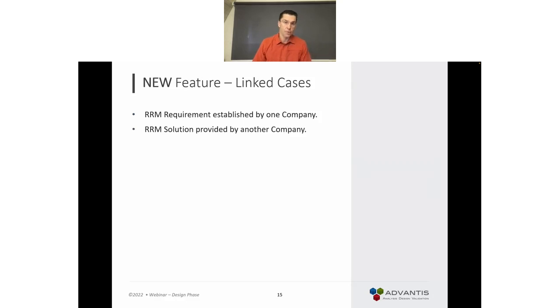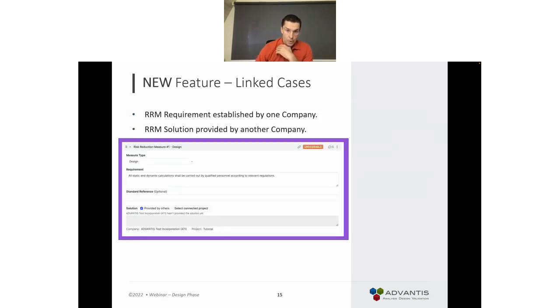So the solution for this risk reduction measure will be provided by another company, which means that other company needs to know about this requirement. So there needs to be some sort of communication between the two. This is what we call a linked case. I'll show you in the software in greater detail how that process works. That's something we've worked on in the past months and has been released a couple months ago.